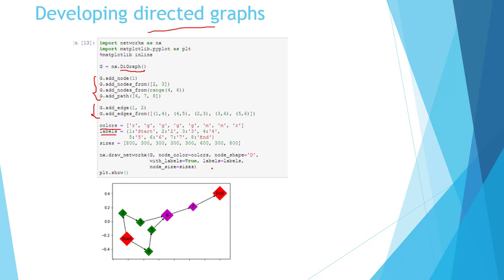For that we have to specify the with_labels parameter equal to true, because by default this parameter is set to false. So if we want to specify the label to each node, we have to set the with_labels parameter as true. Here for node 1 we have given the label as start, for the other nodes we are giving the node number as the label, and for the last node we have specified the end label.